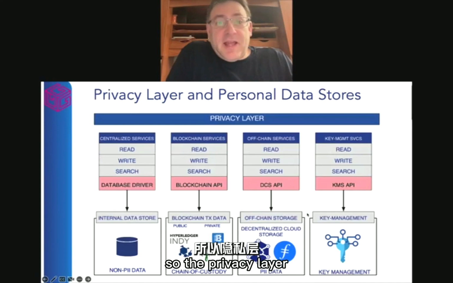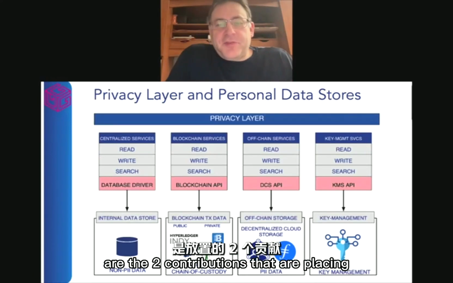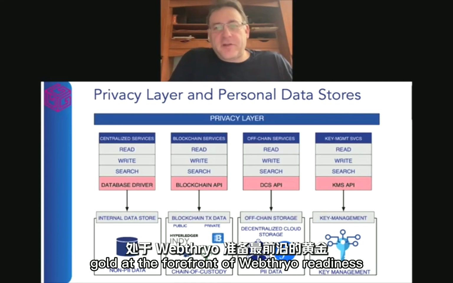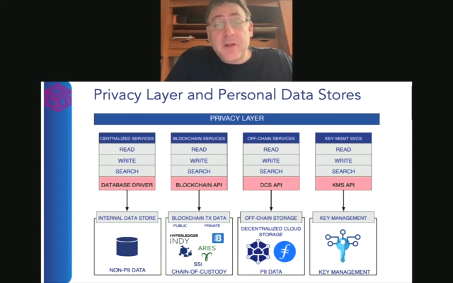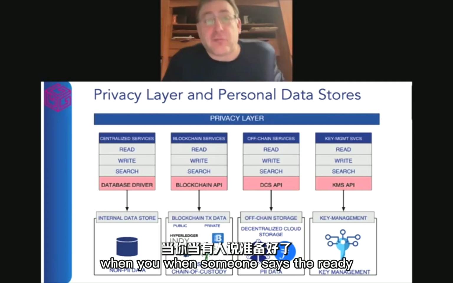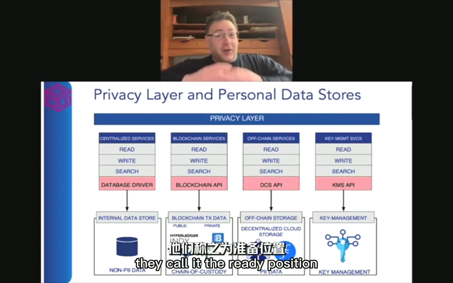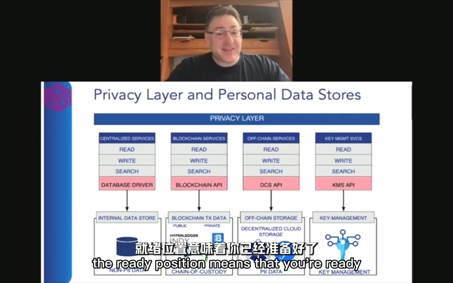So the privacy layer and personal data stores are the two contributions that are placing GODE at the forefront of Web 3.0 readiness. Because in order to be ready, you know, when someone says the ready, even in tennis, there's a ready position. They don't call it the waiting position, they call it the ready position. The ready position means that you're ready.